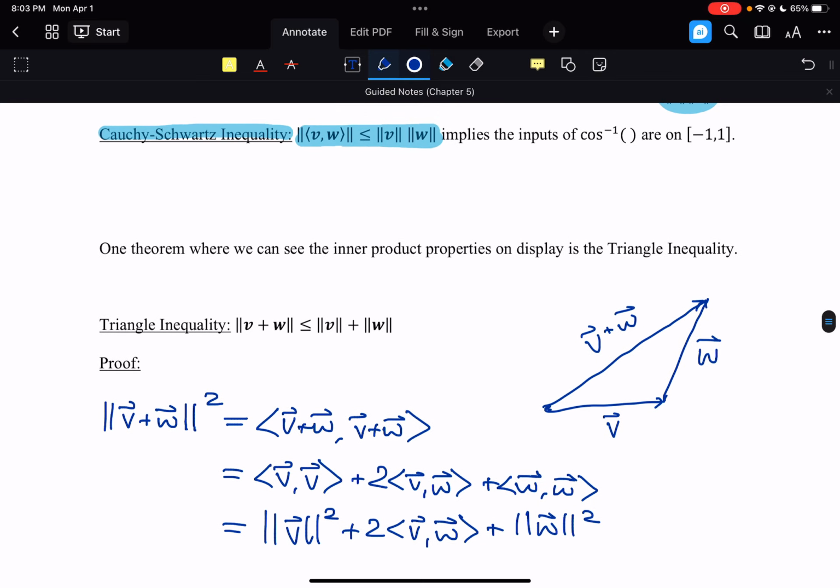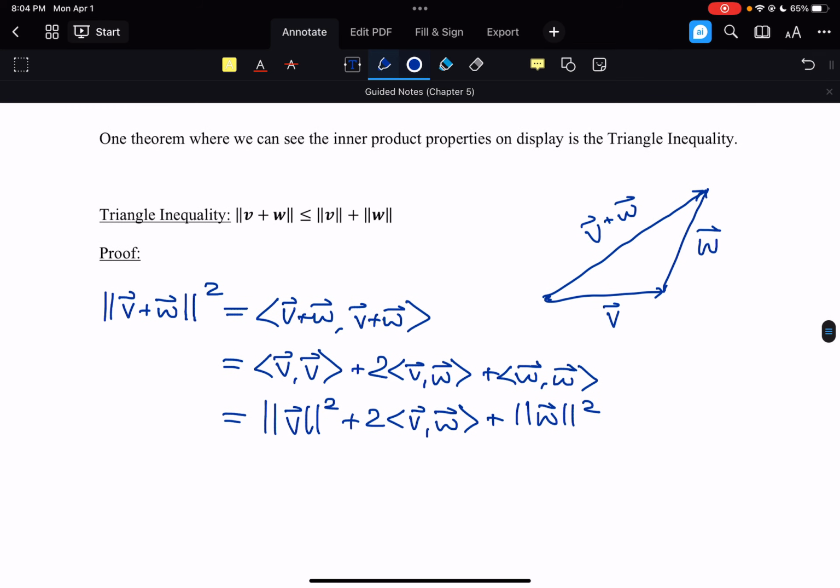This says that the length of V with W is less than or equal to the length of V times the length of W. So we know that this is going to be less than or equal to length of V squared plus 2 length of V, length of W, plus length of W squared.